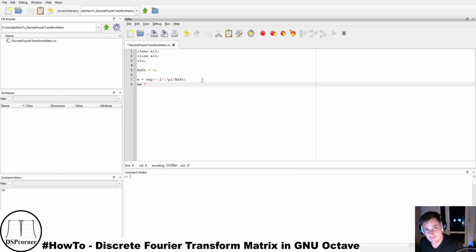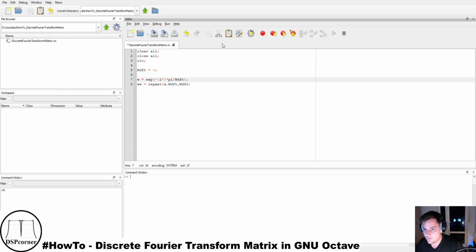And each entry of this matrix is only a copy of W. So therefore we can use the repmat command, which is replicating a certain scalar value or matrix as many times as we want. In our case, we want to replicate our value omega to a matrix with 4 rows and 4 columns. So n DFT rows, n DFT columns.